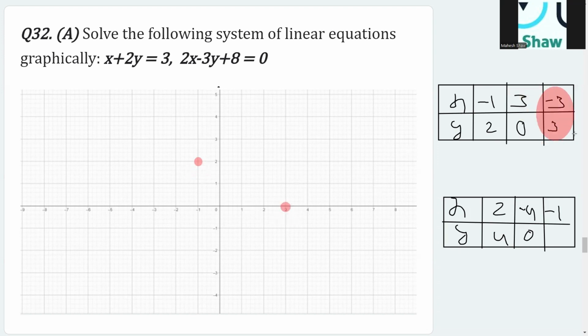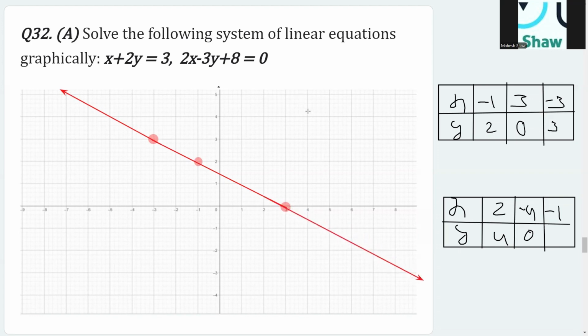And x minus 3, y 3 is this. Now join these points first. If I join these points, it's necessary that you produce it forward because we don't know where the solution will lie. You have to use a scale to produce it forward.